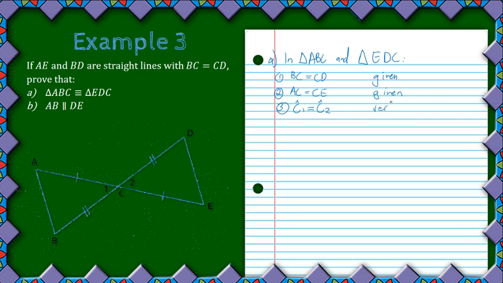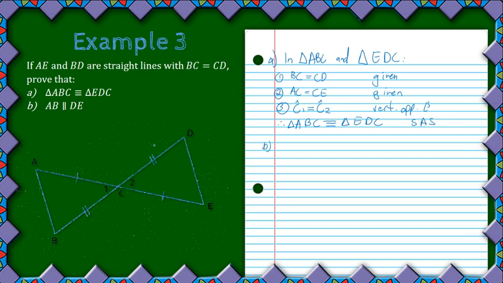So we have our three reasons. Therefore, triangle ABC is congruent to triangle EDC. Our reason, we've got two sides and an angle, so our reason is side, angle, side.